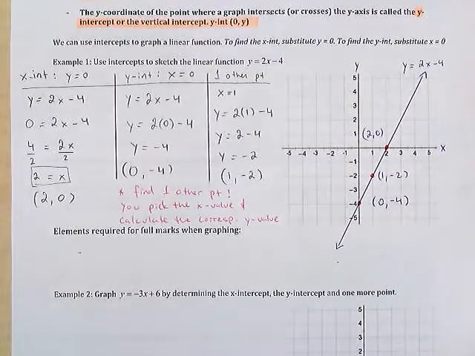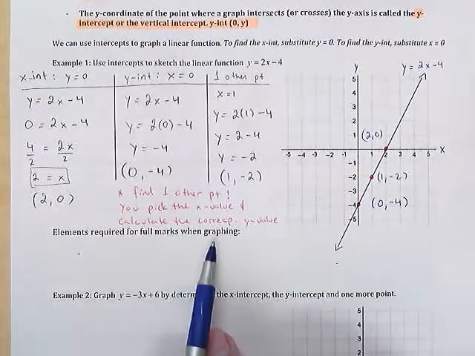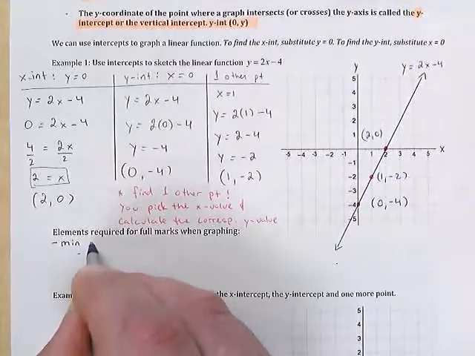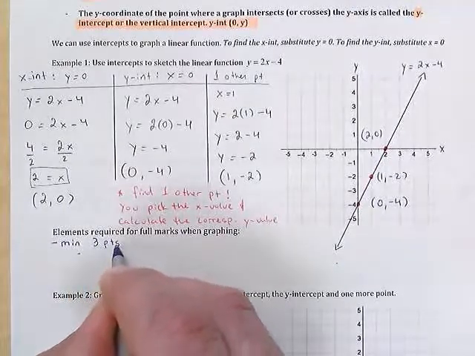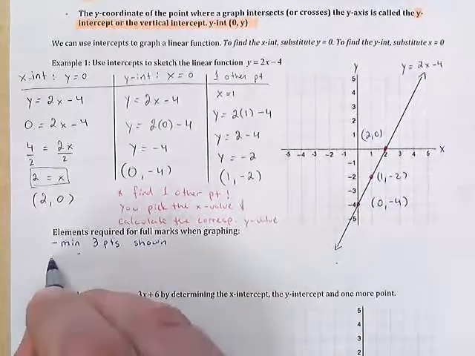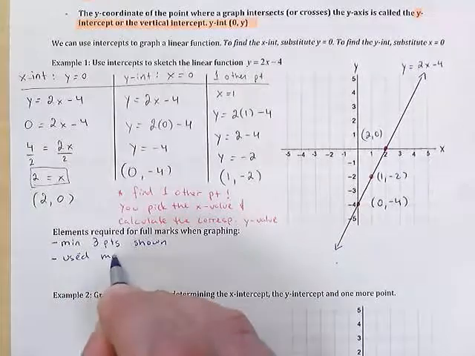And what I'm going to do here, elements required for full marks when graphing, right? If you want to get full marks, minimum of 3 points shown, right? You have to have used most of the grid.